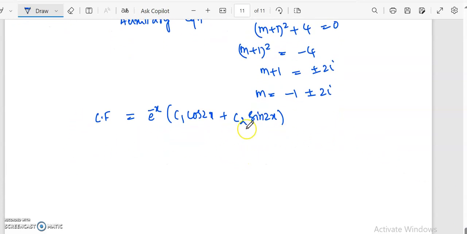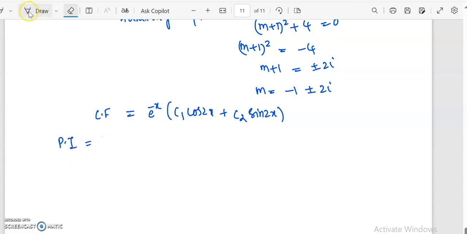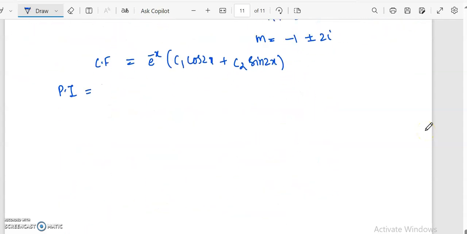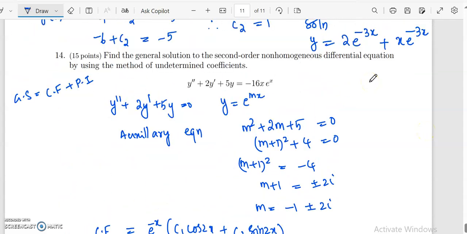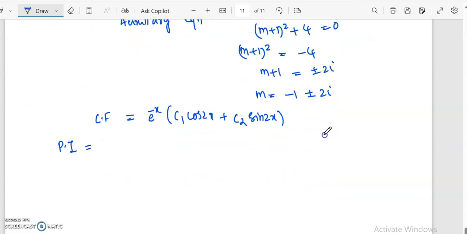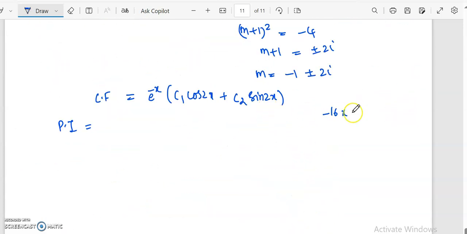Now we need to find the particular integral. So the particular integral must satisfy the non-homogeneous equation. On the right hand side we have minus 16 x e raised to x. Now here, if we take x, its derivative is going to be 1, and the derivative of e raised to x will be itself.